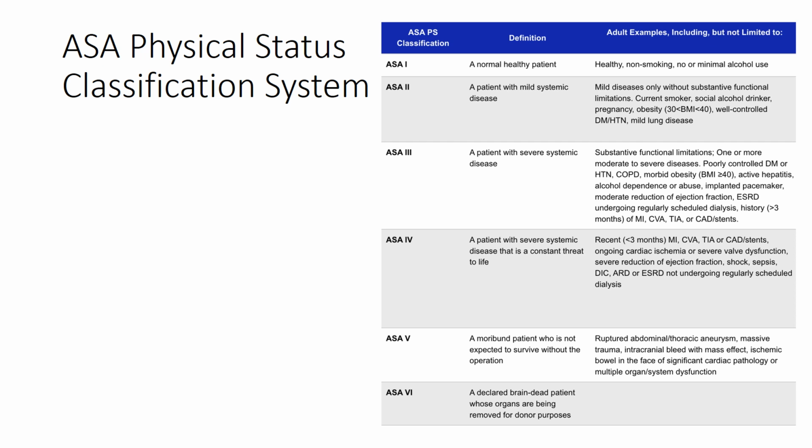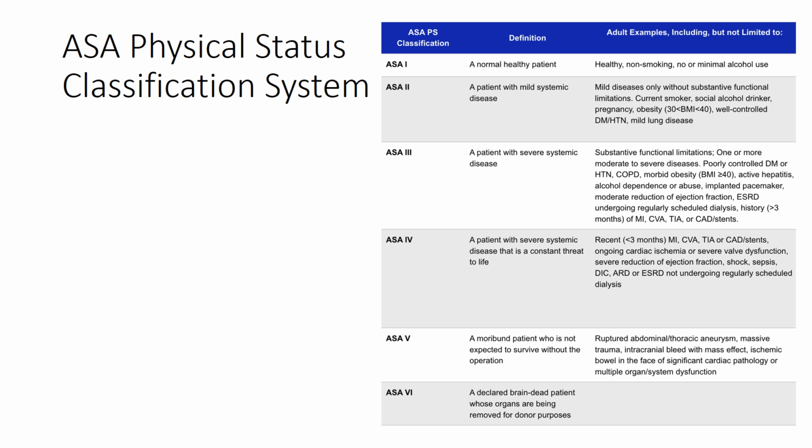This indicates mild systemic disease: folks who smoke, people who drink more than very, very rarely, folks who are pregnant, folks who are mildly obese, people with well-controlled illnesses. I would hope that I am squarely an ASA2 with my type 1 diabetes.